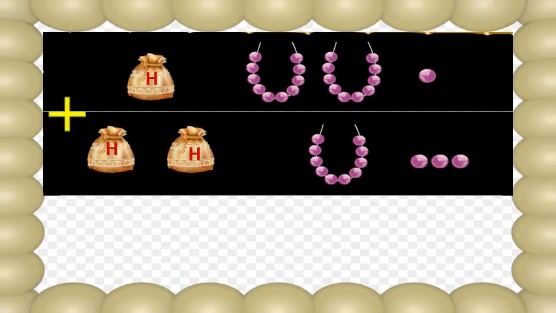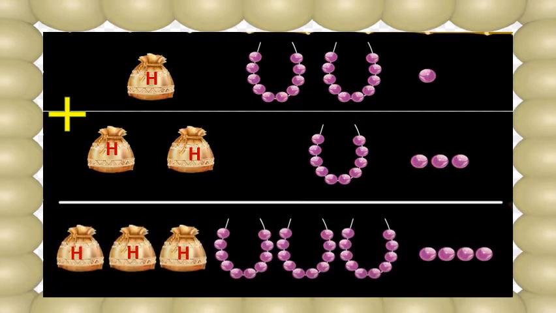Now we will add them. Now you know how many purses together here now? 3 purses we will get and 3 tens and 4 units. See there? 300, the 100 beads purses and 3 tens and 4 units. Got that?